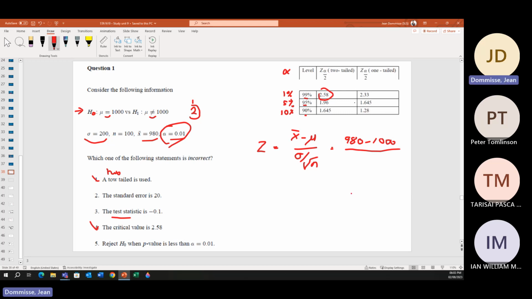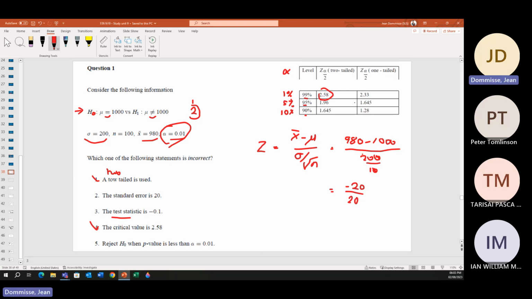We've got the standard deviation as 200, and we've got the n as 100. So square root of 100 is 10. So above the line is minus 20. Below the line is 20.